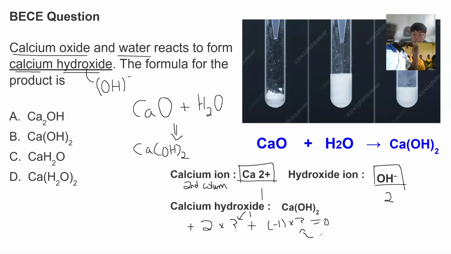For hydroxide, we put in 2. So 2 minus 2 is equal to 0. That's why it forms CaOH2 as the final product.